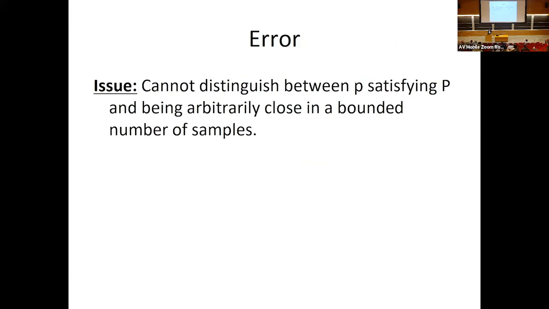And well, there's an issue, which is that, as I've stated, these problems are not possible to solve in a finite number of samples, basically because you can't distinguish between a coin being fair and a coin being arbitrarily close, but not quite equal to being fair, with a bounded number of samples. So in order to make these possible at all, we need to introduce some kind of separation in the no case.